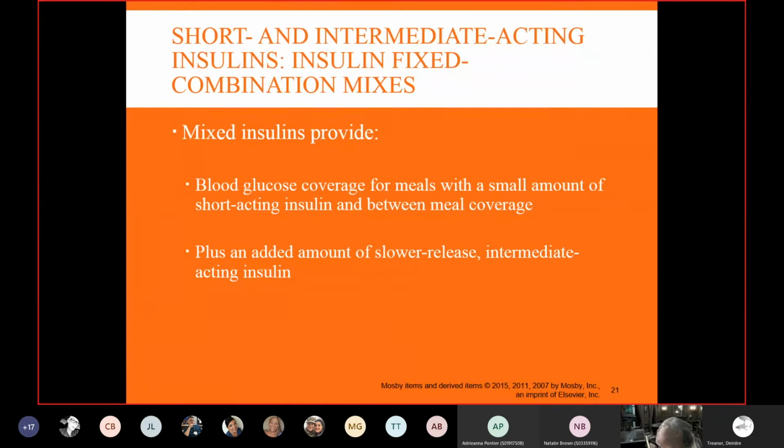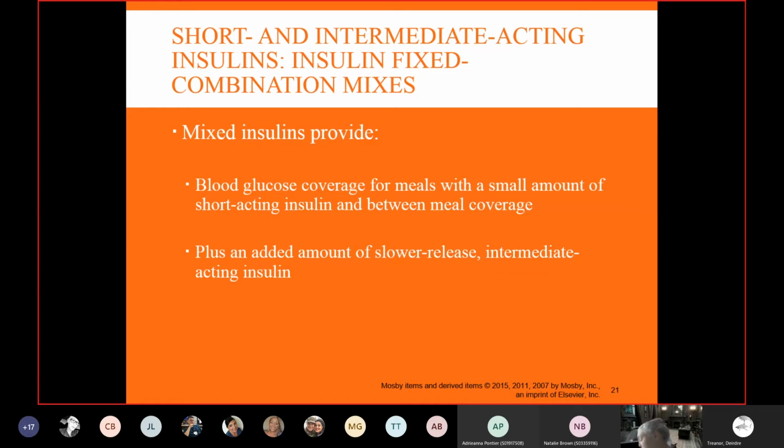All right, so short and intermediate combinations. Mixed insulins give coverage for meals with a small amount of short acting, and they have slow release intermediate acting. So usually there's a rapid and a slow acting insulin combined together, and so you might see 70-30.